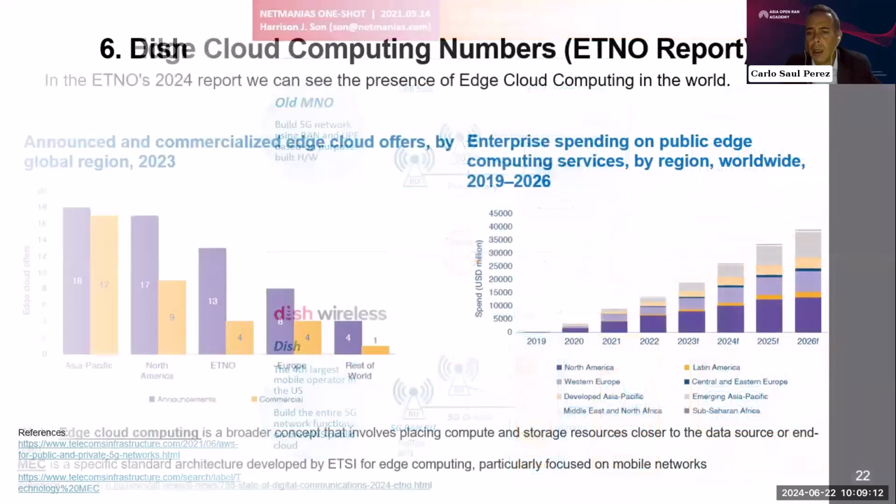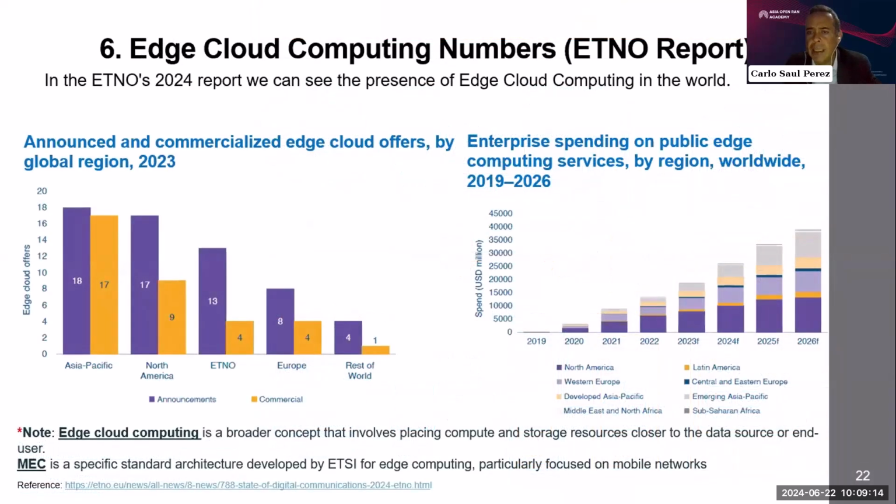Besides looking at all of that, this report is from the ETNO report. It's a European telecommunication organization that makes this report about what they expect to do with edge cloud computing deployment in the following years.